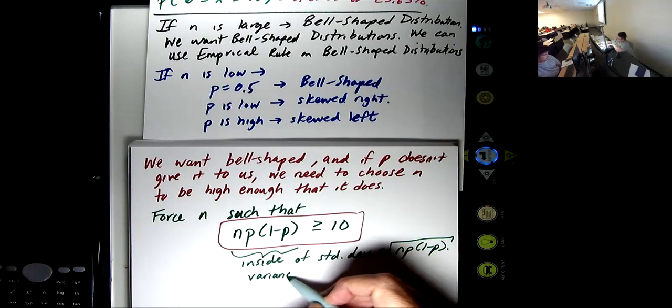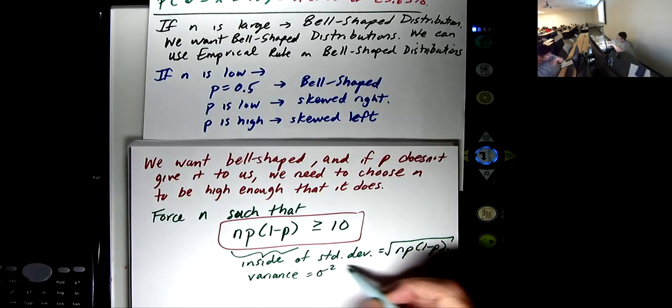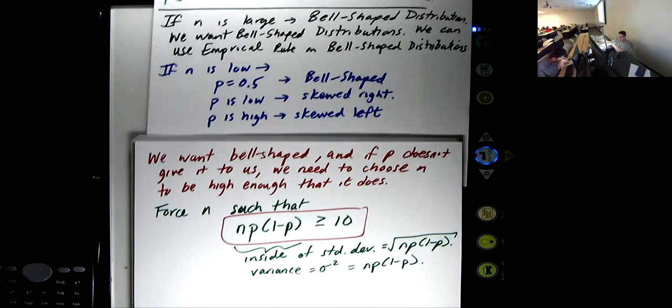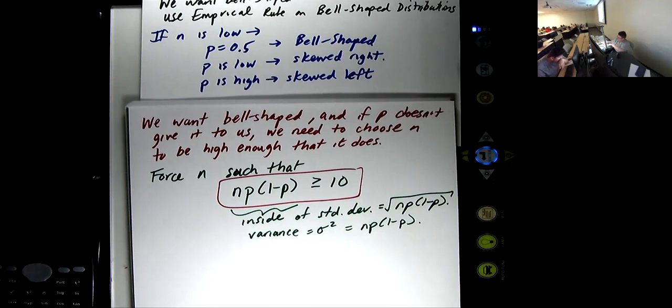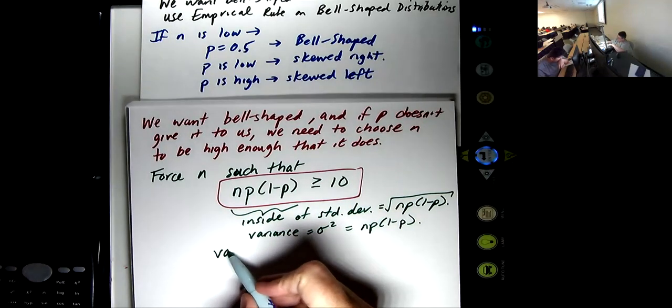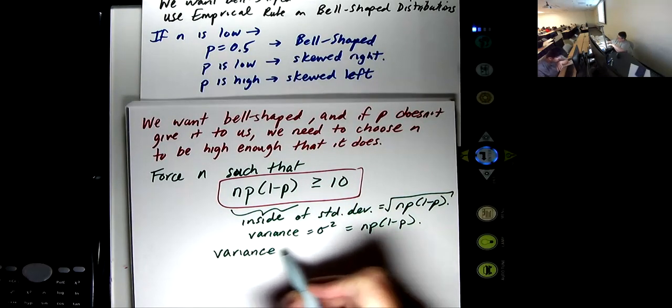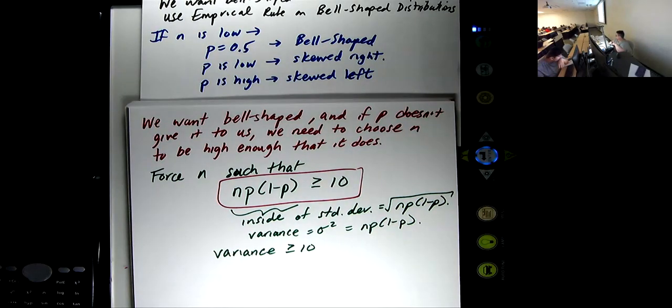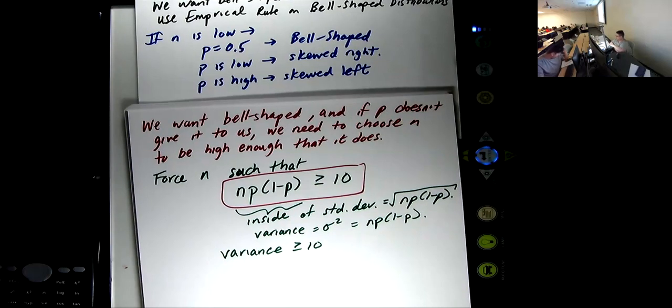Variance is sigma squared. In this case it would be N times P times 1 minus P. So the variance is greater than or equal to 10. But I don't think that's as helpful to remember. I think you'll have an easier time with N times P times 1 minus P.